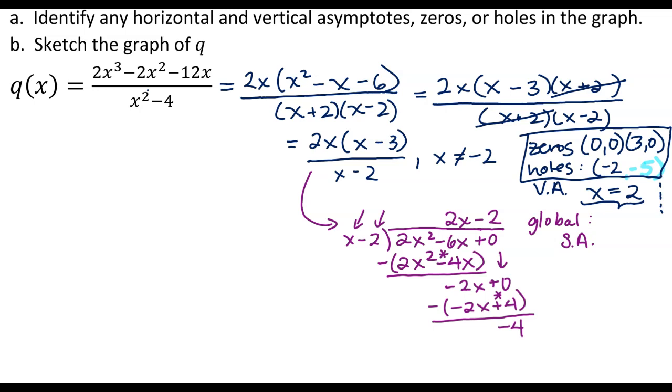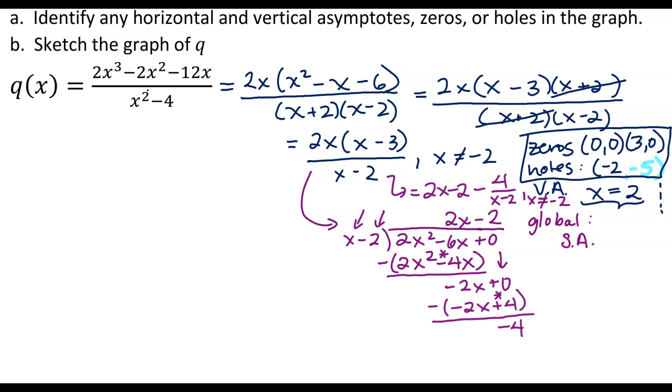So what this means, here I'm going to sneak it in right here, is that another version of this is that our original rational function q is equal to 2x minus 2 minus 4 over x minus 2. And I'm running out of room, but that would still have that domain restriction as long as we don't let x equal 2.